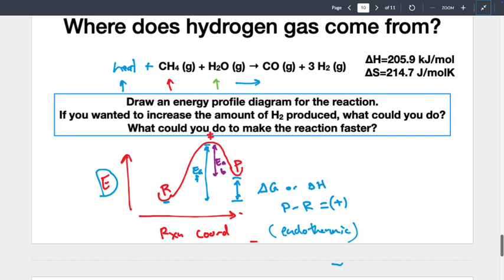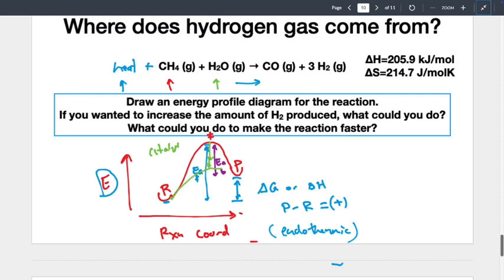What could you do to make the reaction faster? Add a catalyst. Okay. What is a catalyst going to do? That catalyst changes the mechanism of how this reaction works. And by changing the mechanism, the transition state drops.